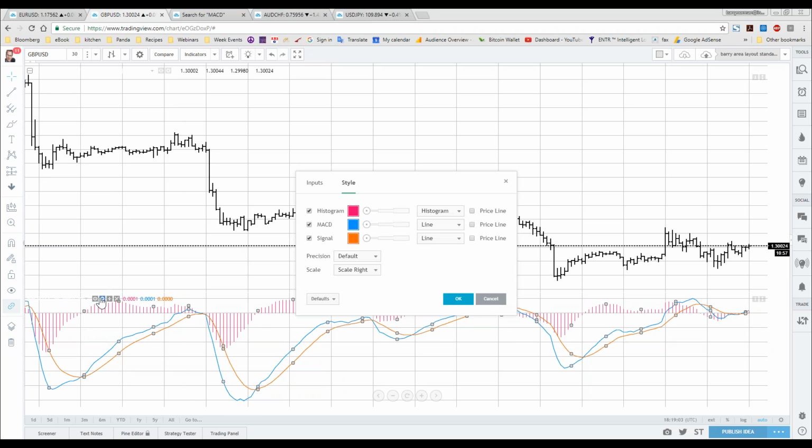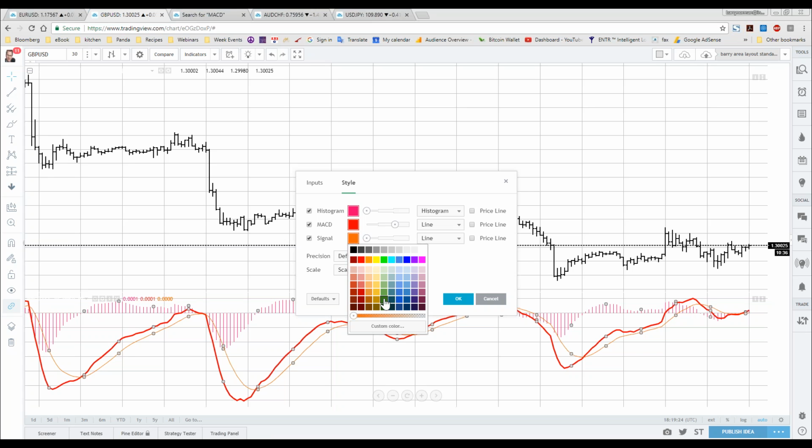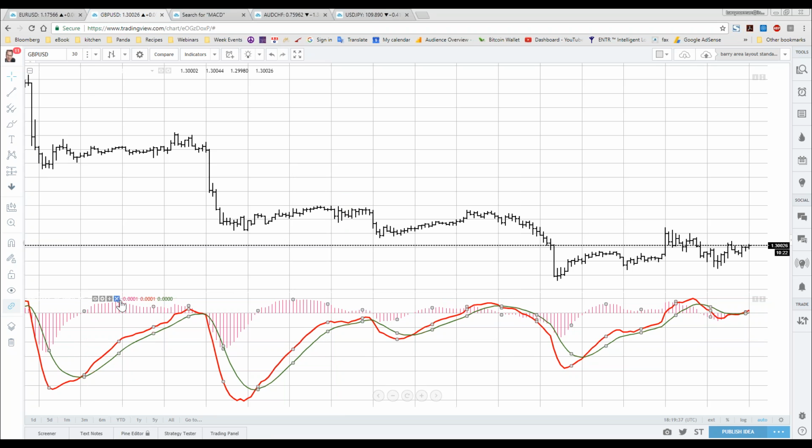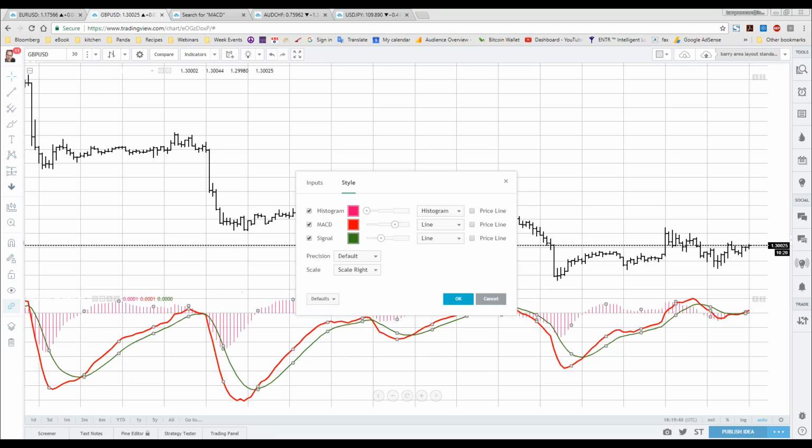Now we can go into format and we can color code these so you understand what they are. So we're going to make the MACD line a bright red. And we're going to make that very, very bold. And then we're going to take the signal line. Remember, the signal line is only the moving average, the 9-day moving average of the MACD line above it. And we're going to make that a little bolder. And then let's make the histogram in blue so it's easier for you to see also.